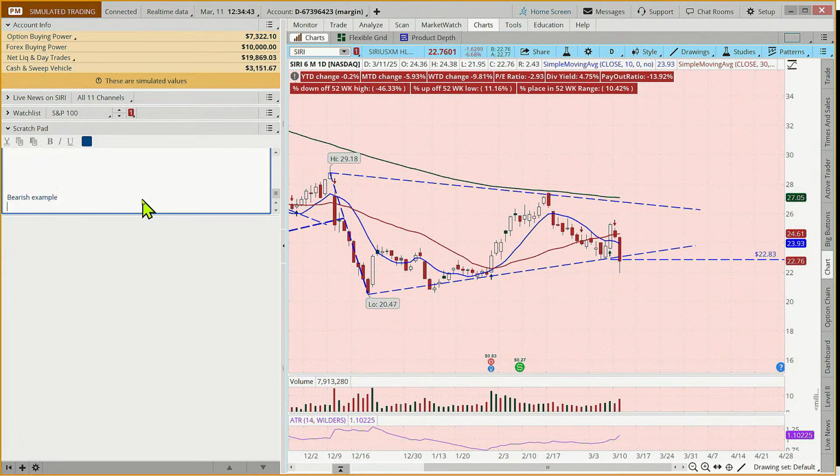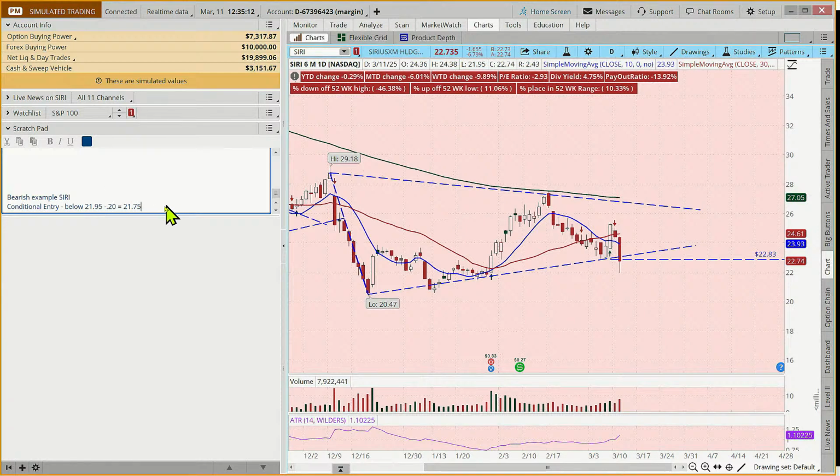We are going to say today's low, 21.95. So conditional entry below 21.95, and let's say by 20 cents. So if the stock went to 21.75, we'd want to enter this trade. And this is Siri.